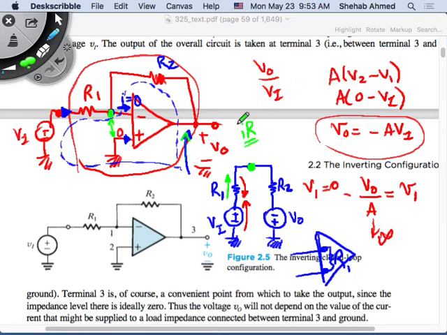It means that the output will no longer be controlled by the open loop gain of the amplifier, because the output depends on the open loop gain multiplied by the voltage difference. I made this voltage difference 0, so the output due to my op-amp's infinite open loop gain is useless, it's 0.